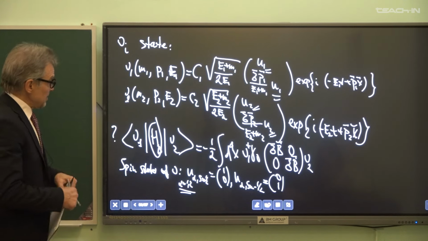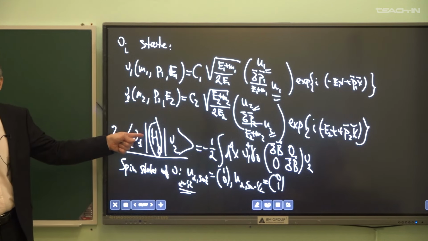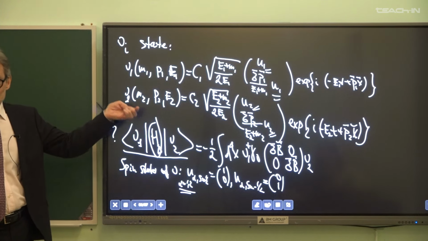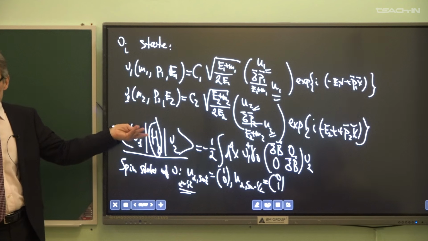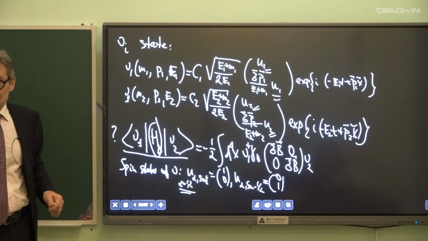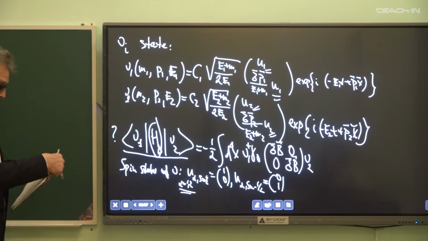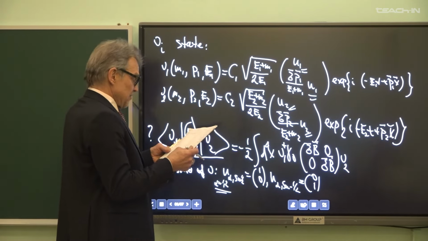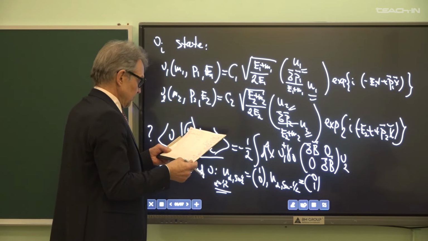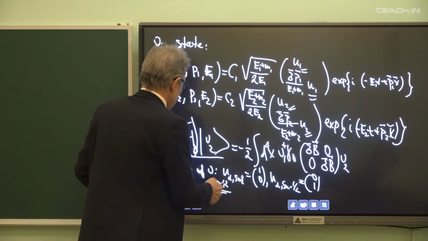So it means that we have to calculate 4×4 of these terms, and then we shall add them to the vacuum Hamiltonian, or effective Hamiltonian in vacuum. Yeah, this is our goal. Now let's start making these calculations. Okay.